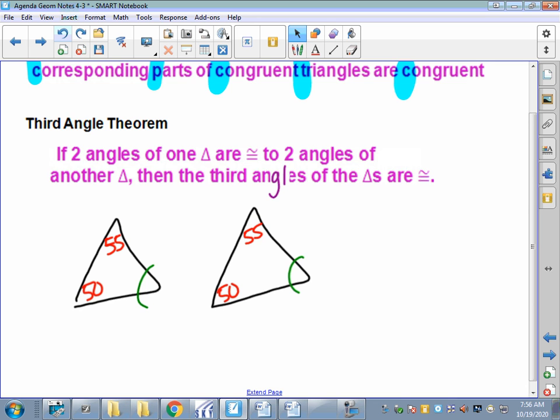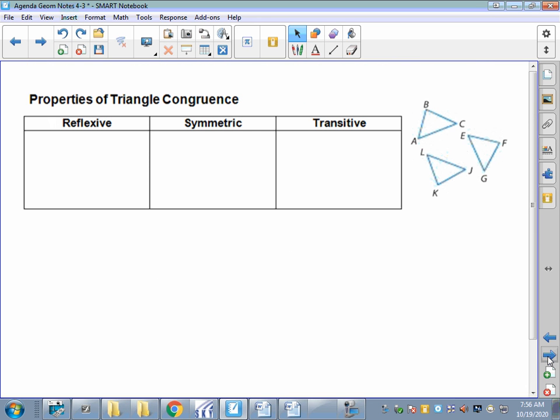All right. We've got some properties we haven't talked about much, but I just want to make sure that I point these out to you. So first of all, over here, these three little triangles, I'm going to call ABC triangle 1, EFG triangle 2, and JKL triangle 3.